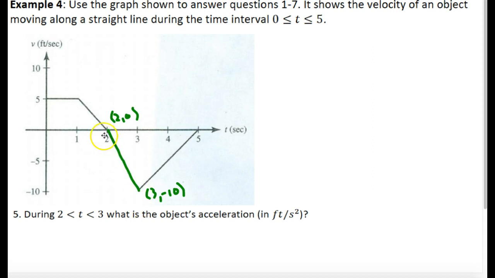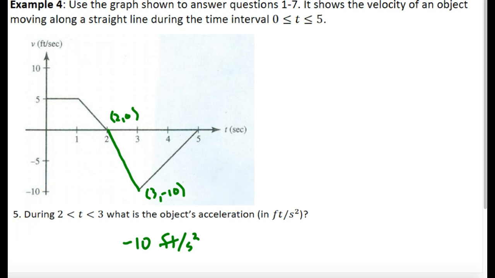So finding this slope, I can just count boxes here, and if I go right 1 and down 10, my rise over run, I'd be going down 10 over 1, so -10 feet per second squared.